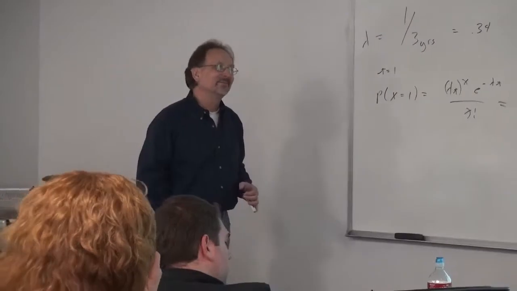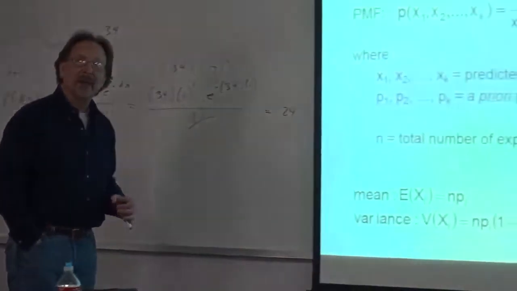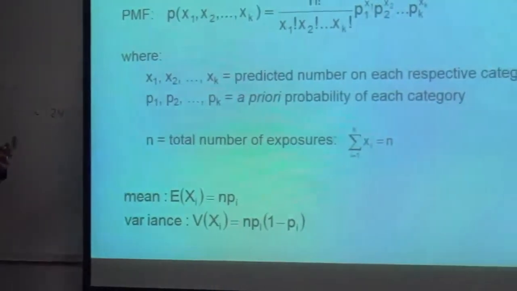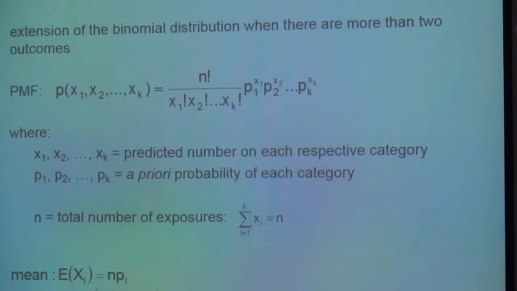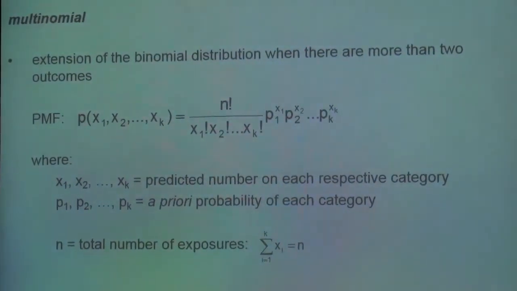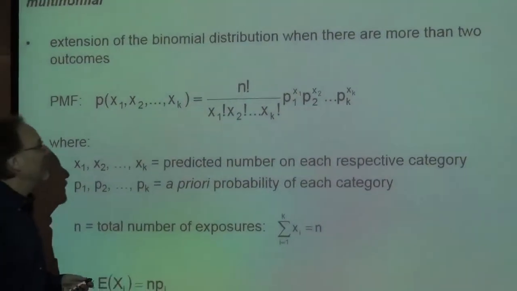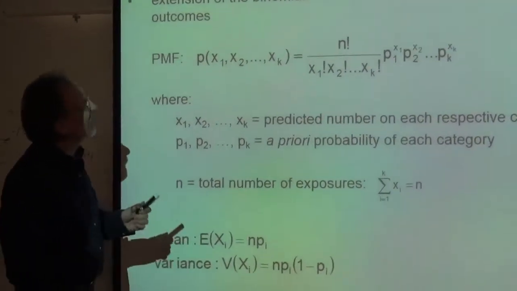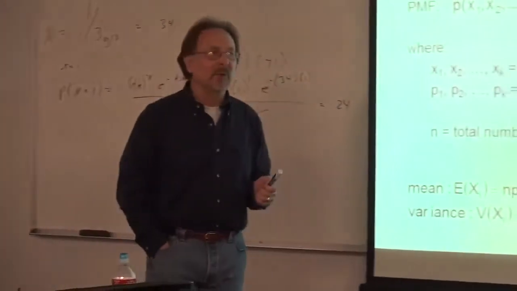This one relates back to the binomial. As the name implies, binomial is 2 possible outcomes. Well, there's a generalizable form of that, which is called the multinomial, where we have any number of possible outcomes. And we have k possible outcomes. And all we need to do is make sure that the probabilities of our k possible outcomes add up to 1.